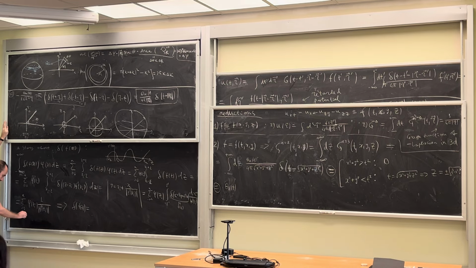Here we wrote that this is the pairing between delta of f of z and phi of z.